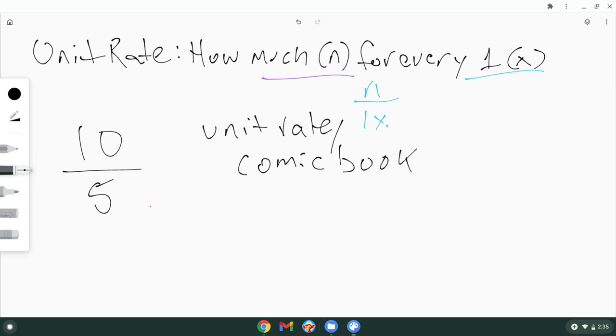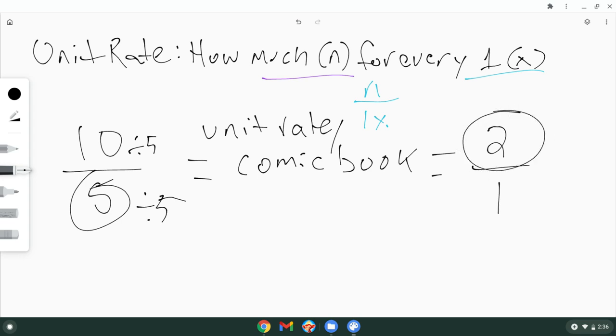Okay, so what I need to do is get this denominator to 1, which means I'm going to divide that by 5. And if I do this to the bottom, I also have to do this to the top, which is going to end up looking like 10 divided by 5 is going to be 2 over 1. So the unit rate for each comic book is 2.